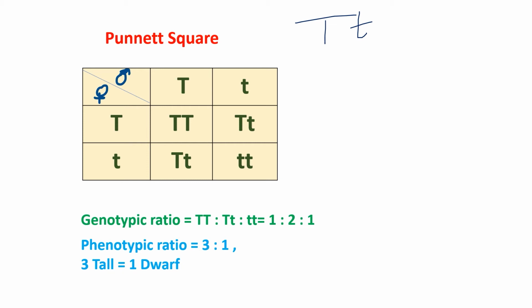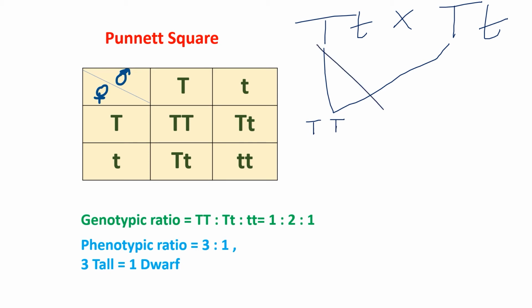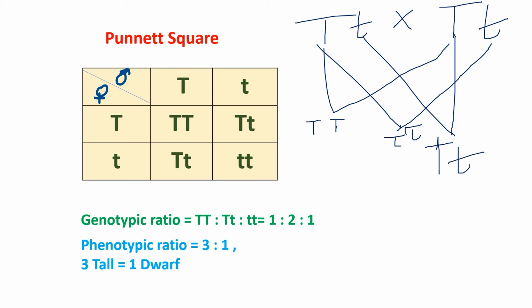But the progeny was self-pollinated. See, same progeny. It will come capital T, capital T. Again, it will be capital T, small t. And again, this is capital T, small t. And here it is small t, small t.